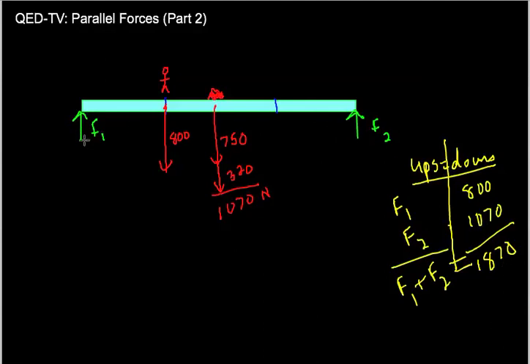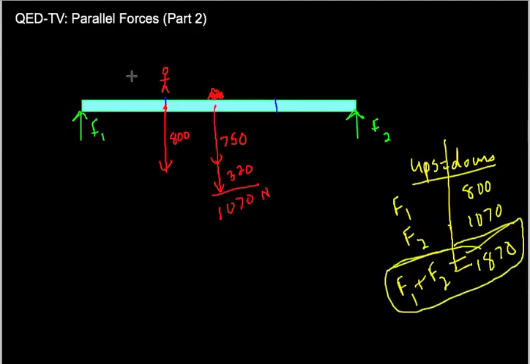The problem is that they're not all in the center. The guy is closer to F1. So you can imagine that most of this 1870 will be supported by F1, and F1 will definitely be greater than F2. So we're going to start here with our ups equal downs. That's going to be important information, which we'll use in a little bit.